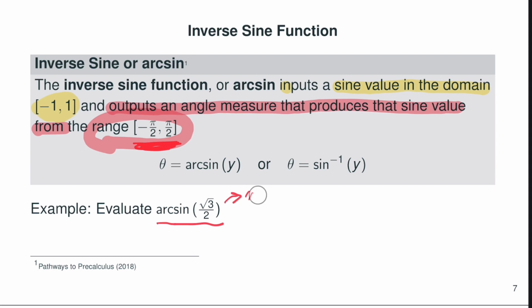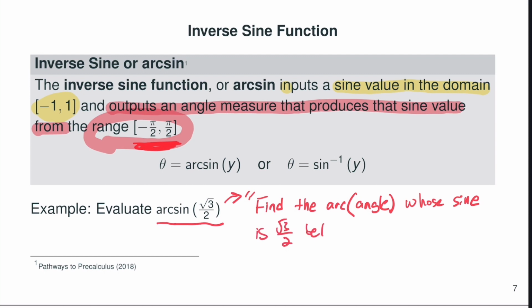And I suggest you actually write this down once. This is asking, quote unquote, find the arc, or we can say angle, find the angle whose sine is √3/2 between the angle -π/2 and +π/2.